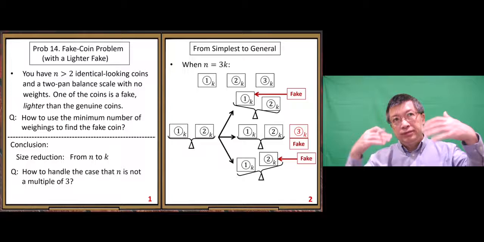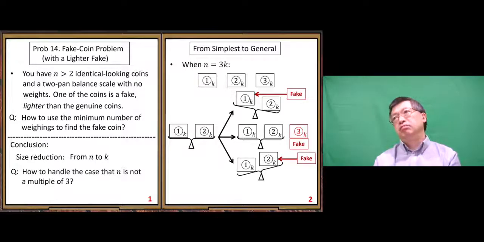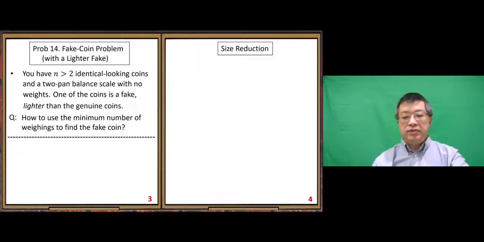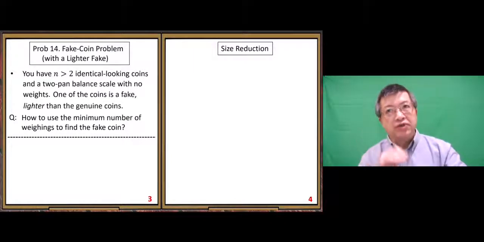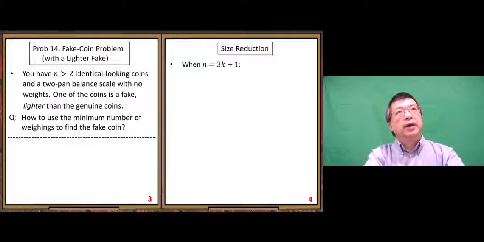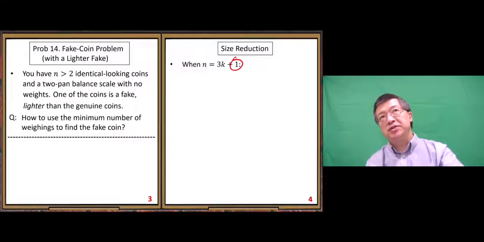We need to make n as general as possible. So let's go to the next case. This time, when we consider size reduction, we assume n has the form 3k plus 1. So n divided by 3, the remainder is 1. That is another special case.